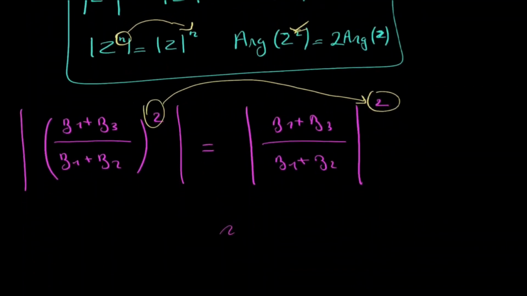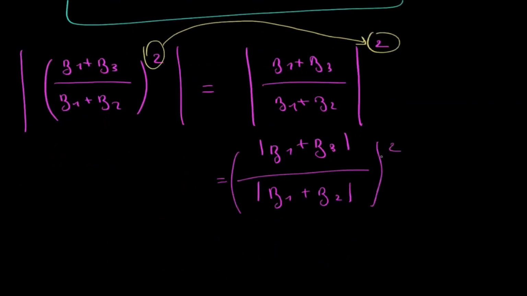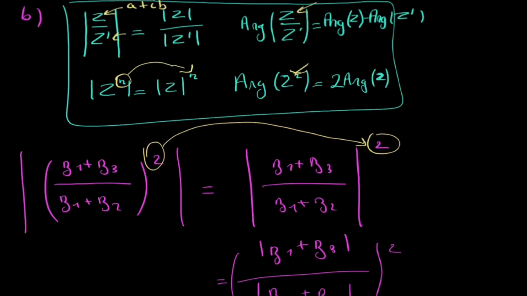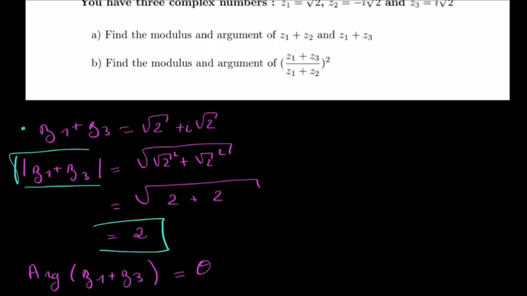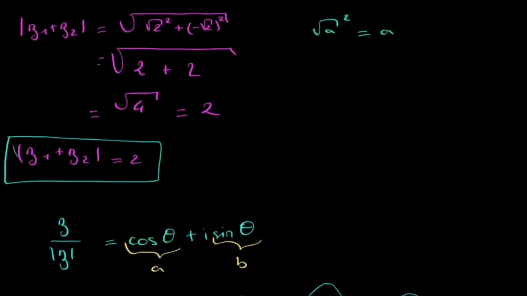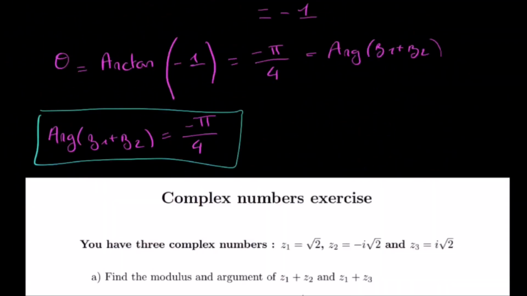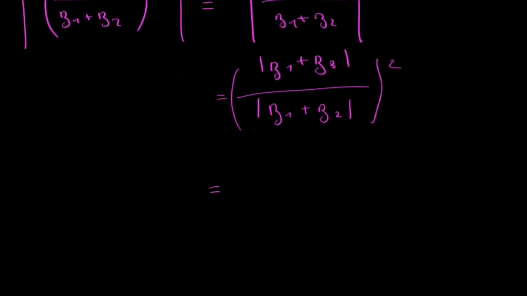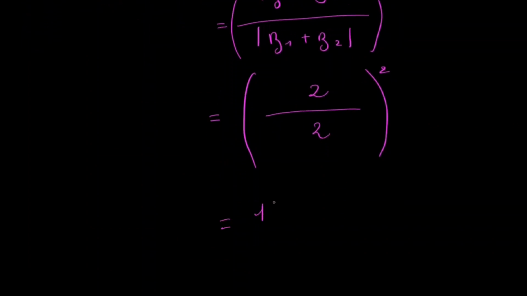Okay, so this is also equal to the modulus of z1 plus z3 over the modulus of z1 plus z2 square. Okay, we know that the modulus of z1 plus z3 equal 2 and the modulus of z1 plus z2 equal 2. Square, and the modulus of z1 plus z3 is 2 over 2, 1 square equal 1.